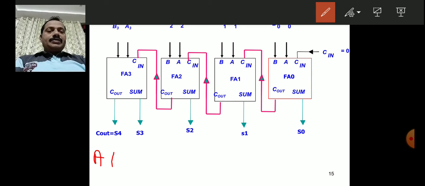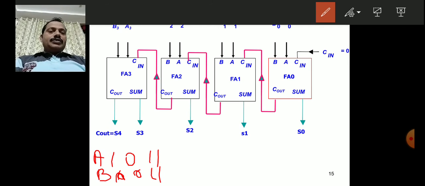Number A is 1 0 1 1, and number B is 0 0 1 1.